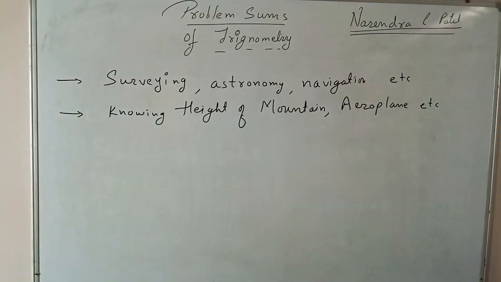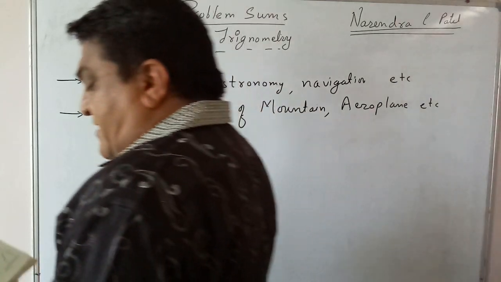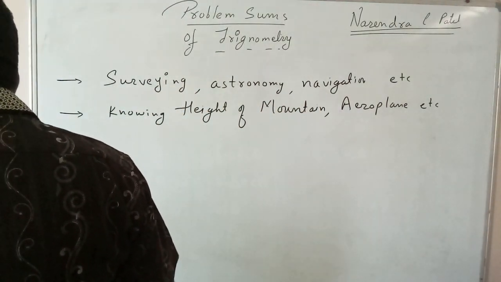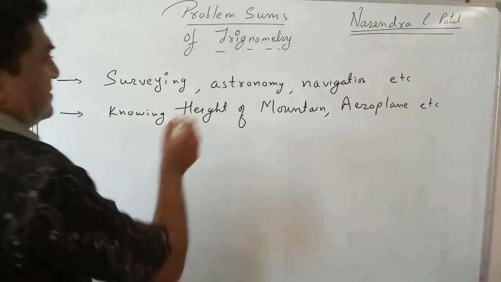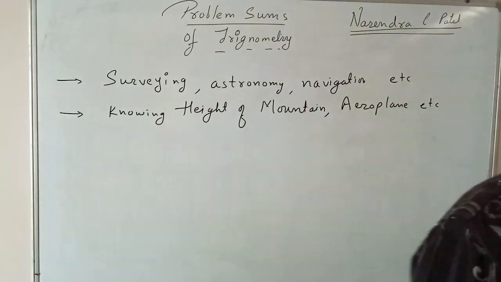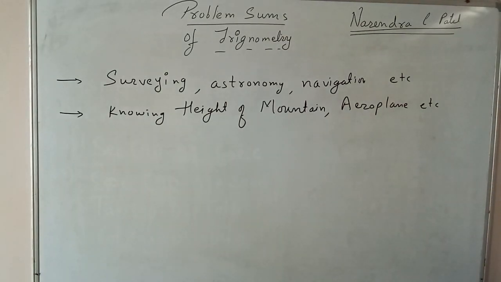So you can know the width of a river, the length of a railway track, the height of anything. Astronomy means the distance of a star from the earth. All these things which you cannot measure directly, you can know by using trigonometric ratios.